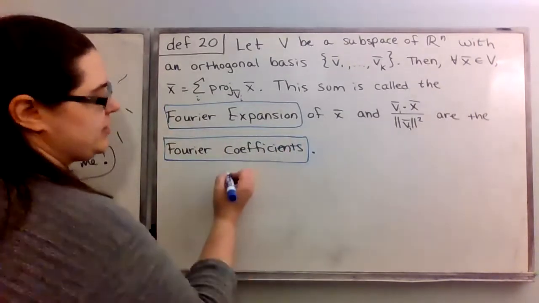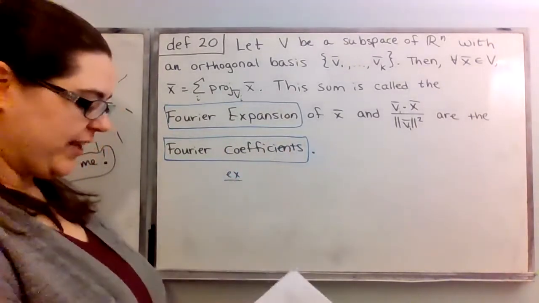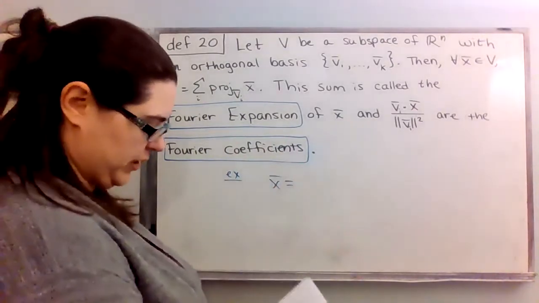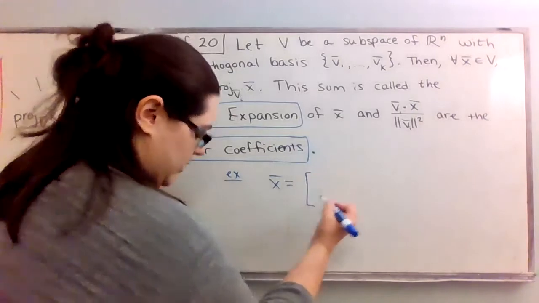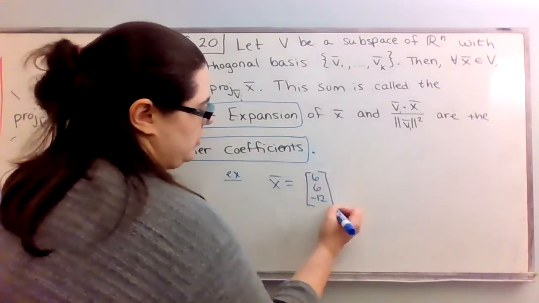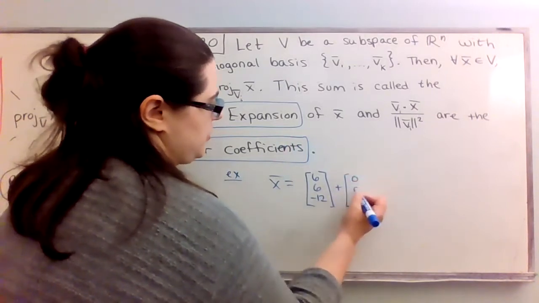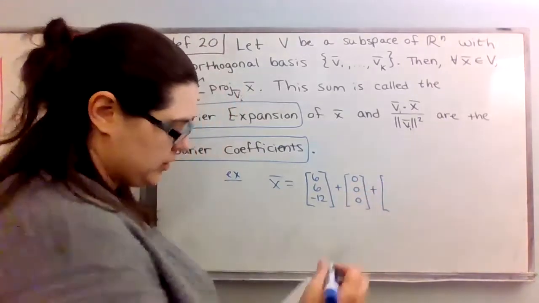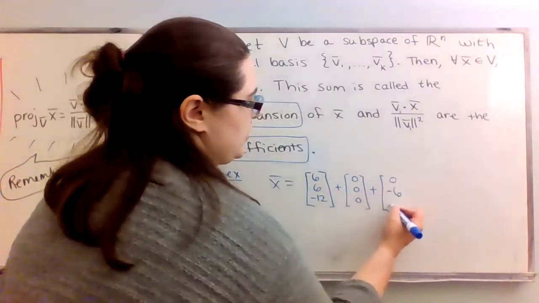So in the previous example, we had x was equal to, what did we get? We had 6, 6, -12 plus 0, 0, 0 plus 0, -6, -3.